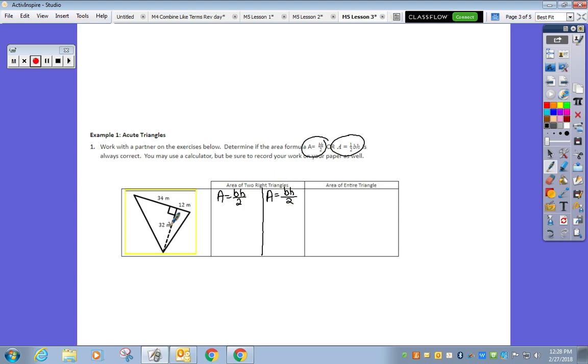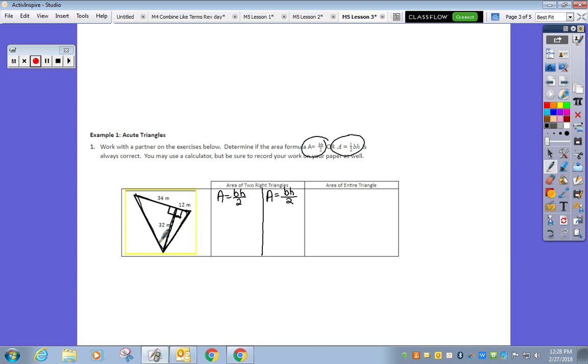So we've learned that a right triangle is the base times height divided by 2 because it's a square split in half, a rectangle split in half. So for this one, we have a right triangle here, and we have a right triangle here. Okay, so these are both right triangles.